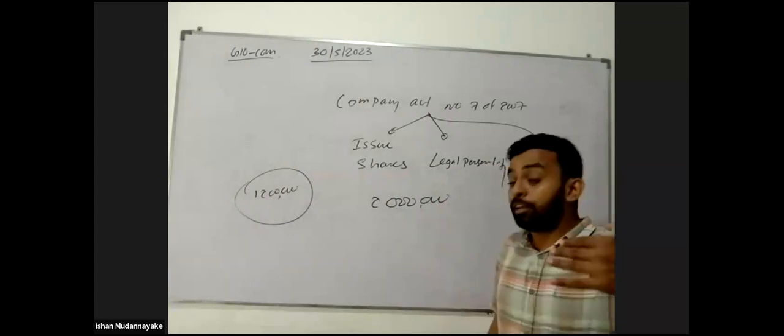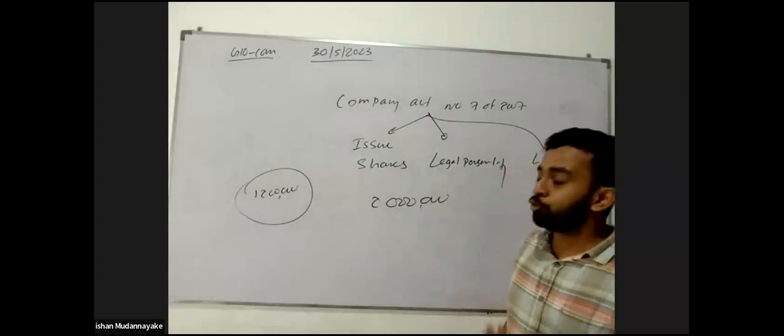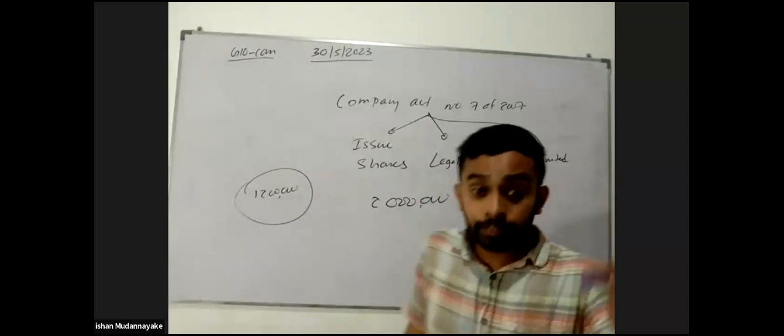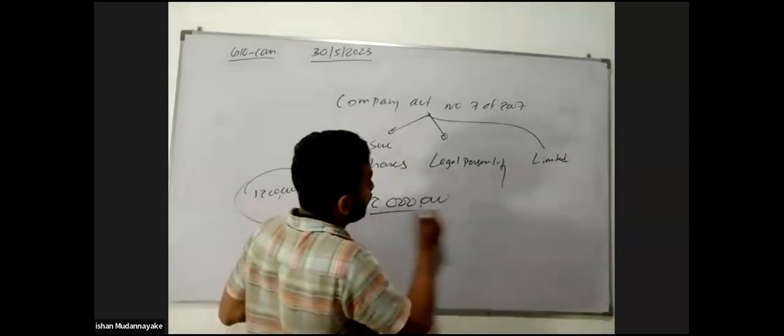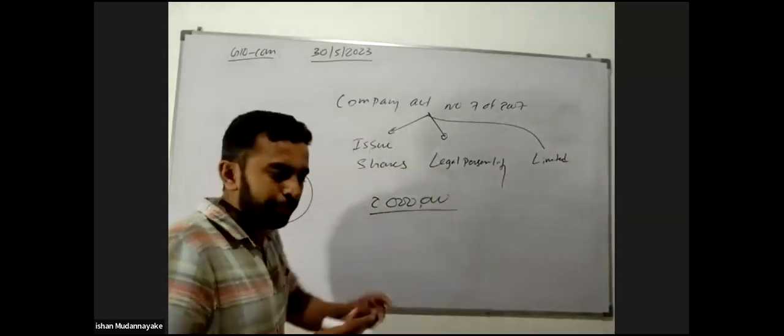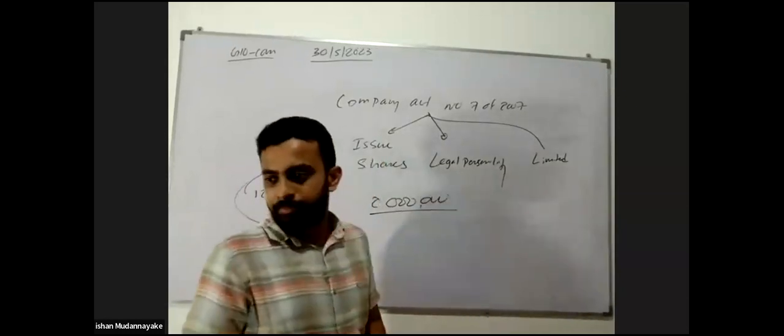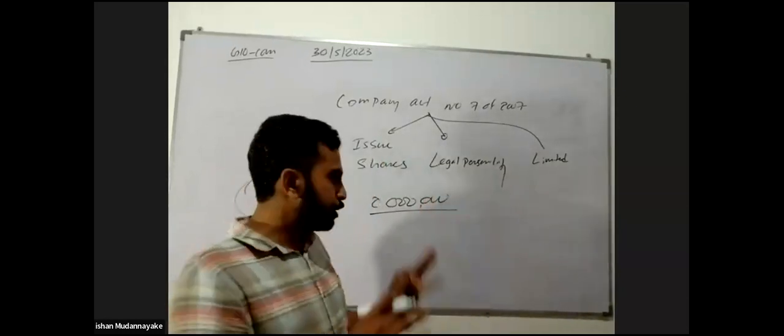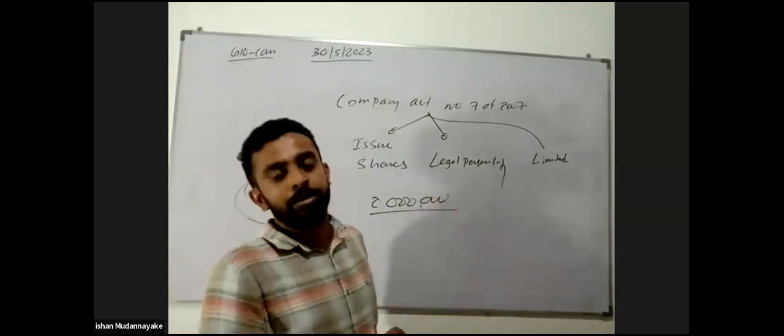Then here the required amount of capital is 2 million. Tanvi divides this required 2 million into small parts.